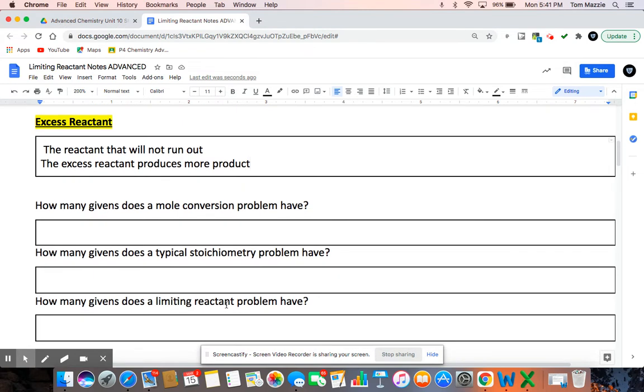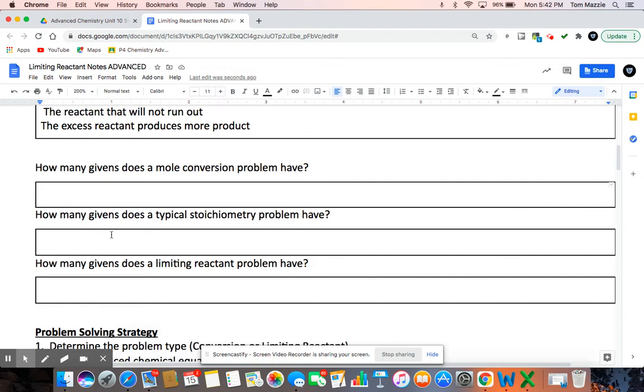Now, we've talked about how to recognize one problem versus another. I just want to refresh your memory. In a typical mole conversion problem, we have one given, and we are starting in substance X, and we are ending in substance X. So we're not really changing the substance.